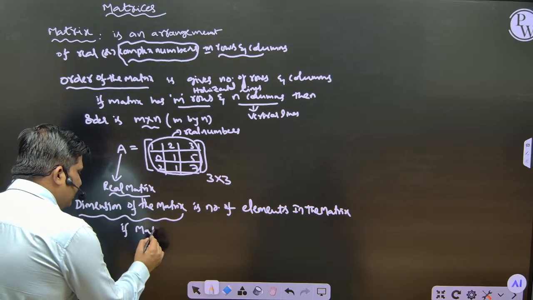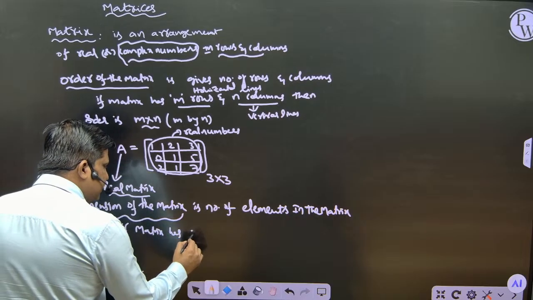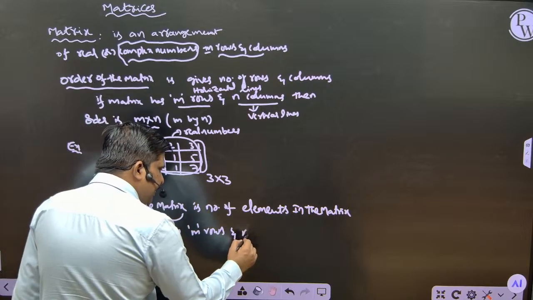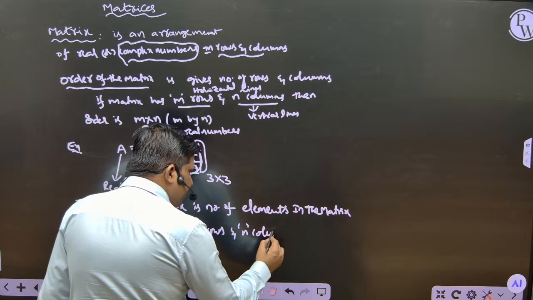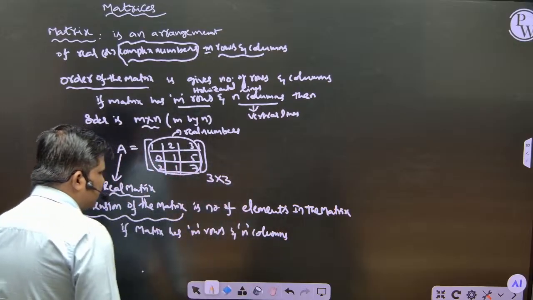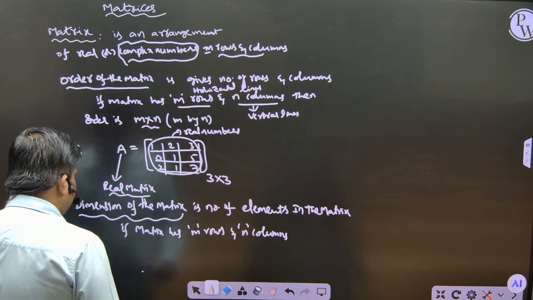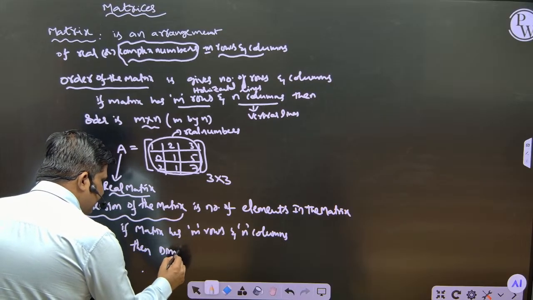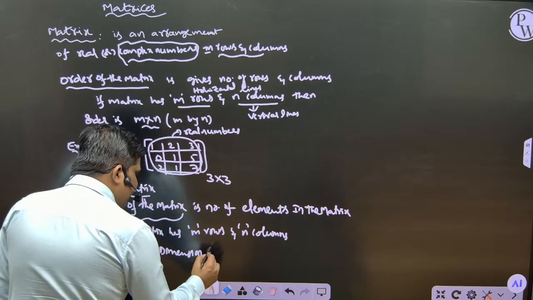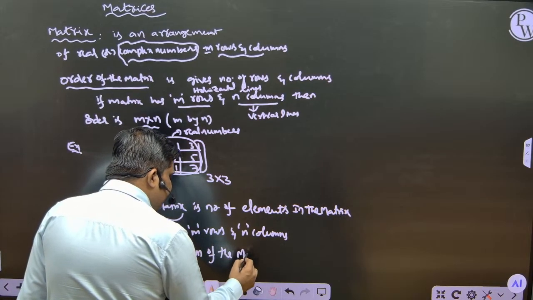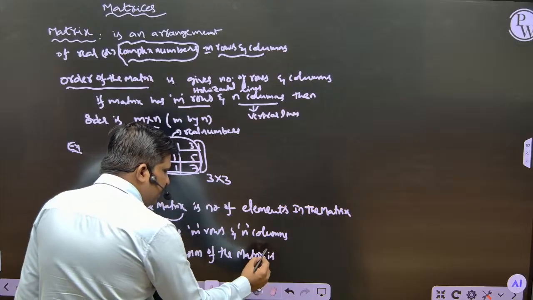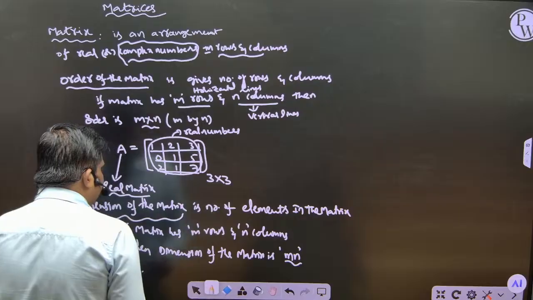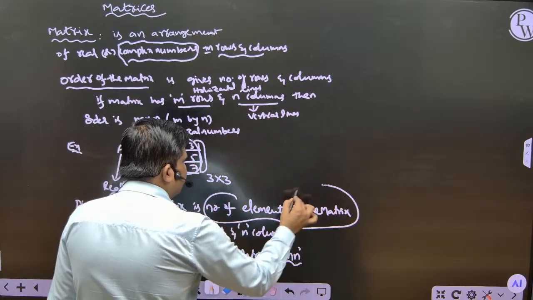If the matrix has m rows and n columns, then the dimension of the matrix is mn. So dimension means the number of elements in the matrix.